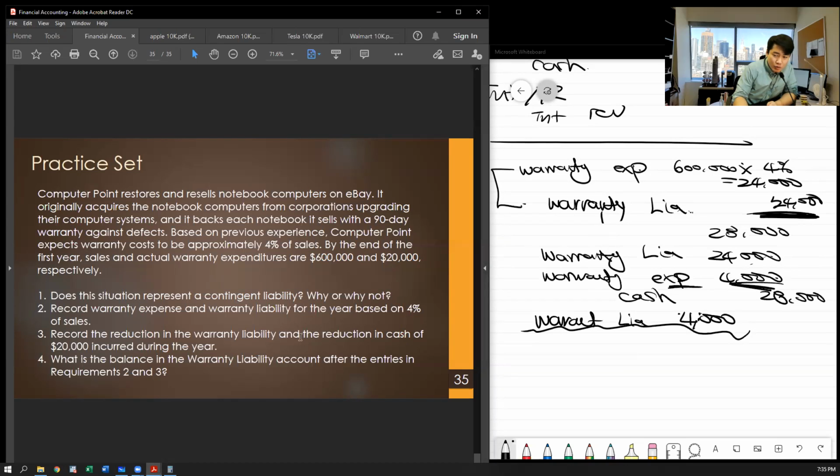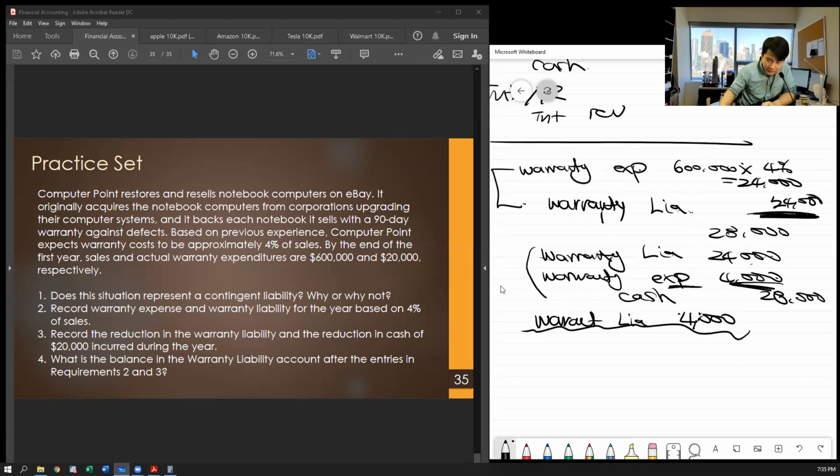So there is no additional $4,000 of liability. I'm not quite following what you're asking, Jason. I'm sorry. We closed the warranty liability of $4,000? There's nothing to close.